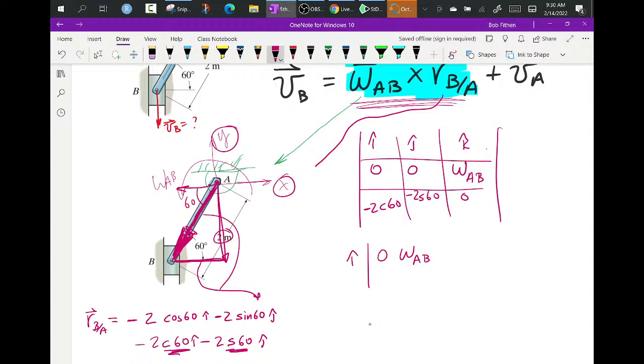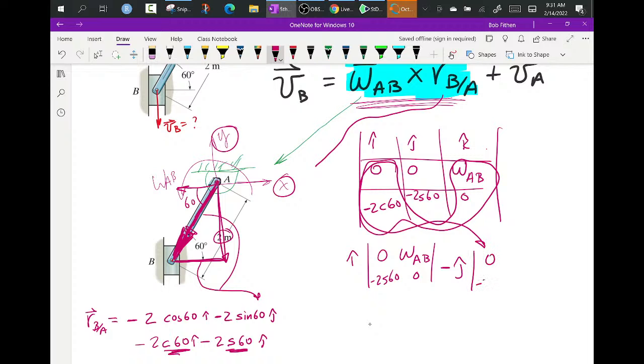And minus 2 sine of 60 and 0, minus J, cofactor expansion of this part right here, put right here, 0 minus 2 cosine 60, make it AB, 0.